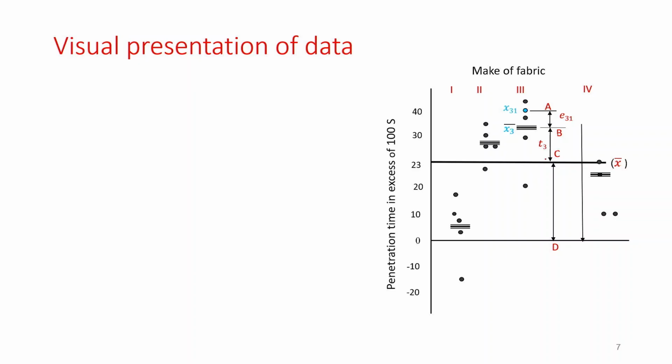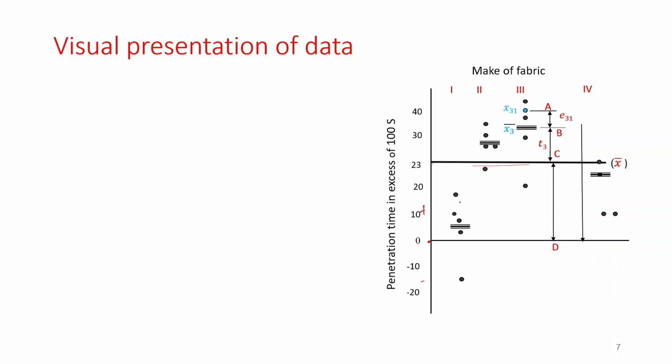The x bar, that is the grand mean that we have seen in the previous table. This line indicates the grand mean. This is the zero value. The y-axis is penetration time in excess of 100 seconds, that is, the values minus 100. Here it is 0, this side is negative, and this side is positive.